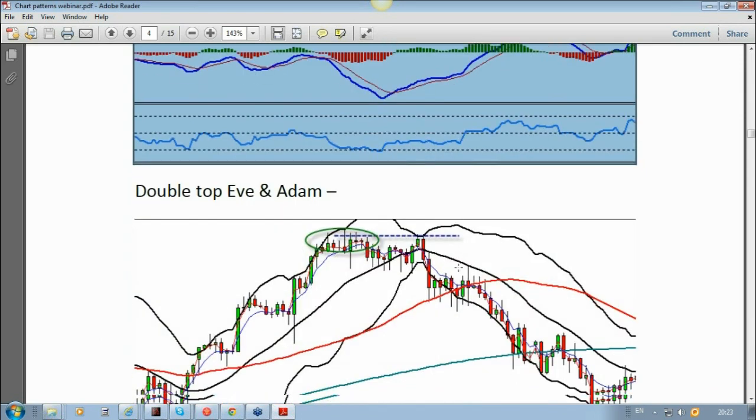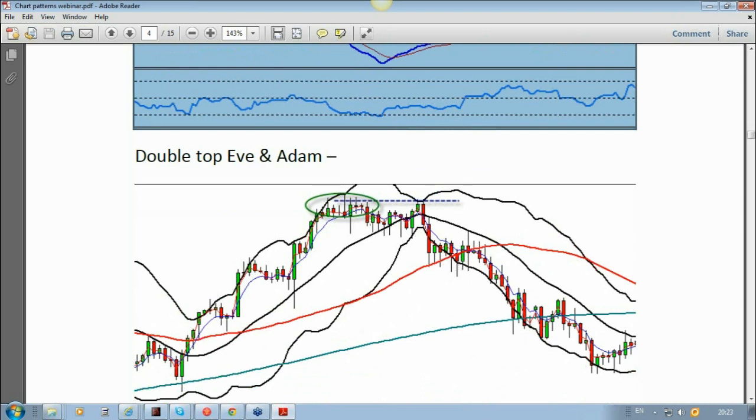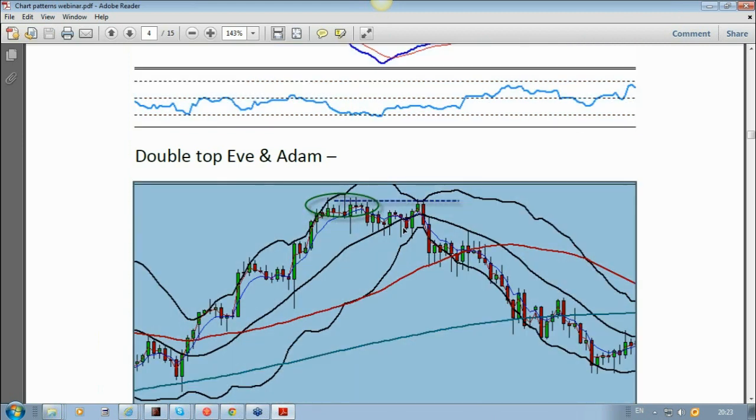Of course, the opposite version, Eve and Adam. See, right, down, bam, up and down. The same rules, break, right, retest, and down for duplication.